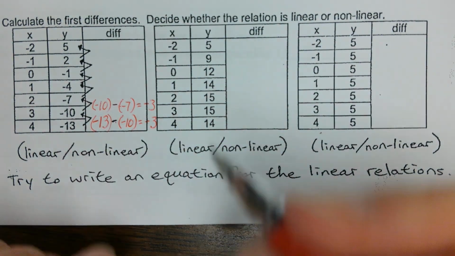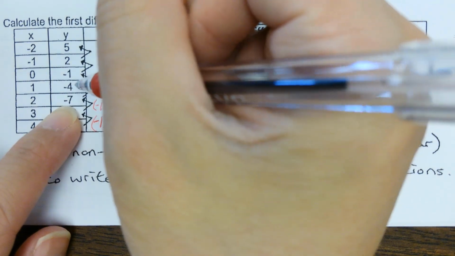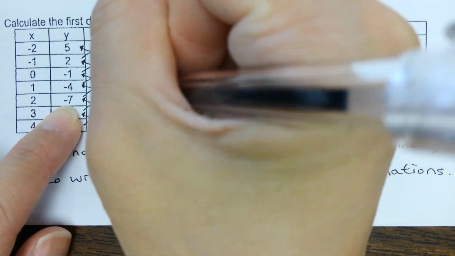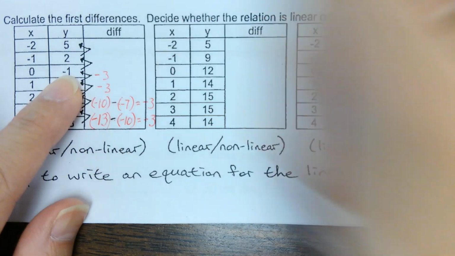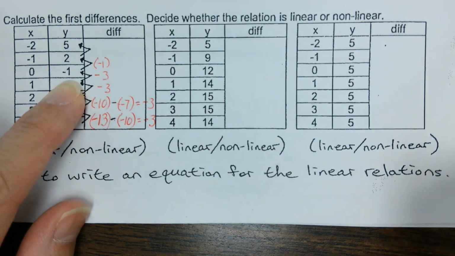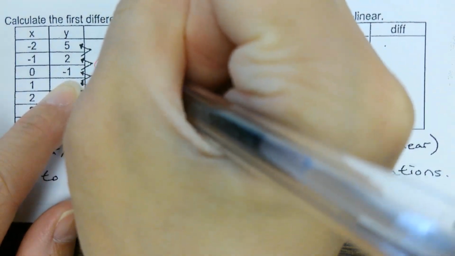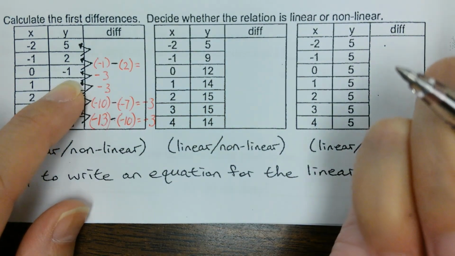Okay. If you keep going, negative 7 minus negative 4, negative 3. Negative 4 to negative 1, negative 3. Here, negative 1 minus 2, negative 1 minus 2. What do you get?